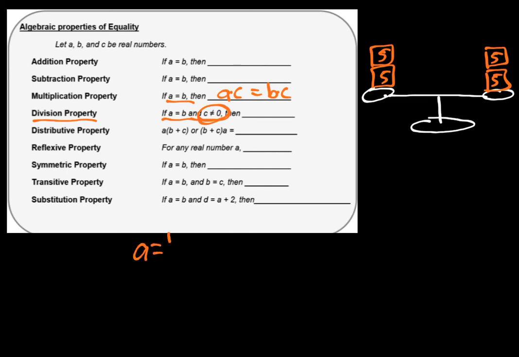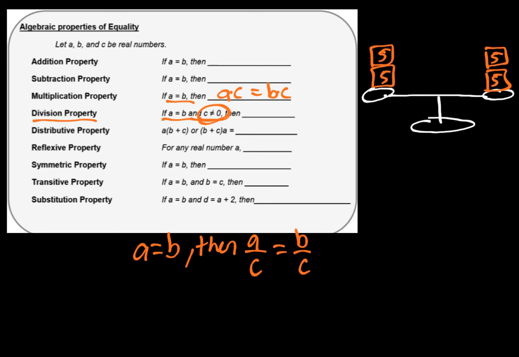If A equals B, then A divided by C equals B divided by C. Again, so what that is saying is, if I have two things that are equal, and I can divide them by the same thing, or the same number, same value, and still have two things that are equal.